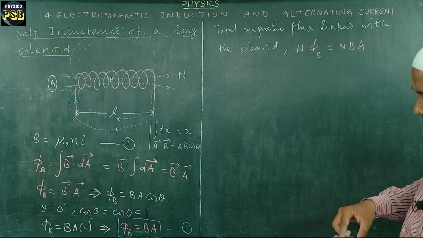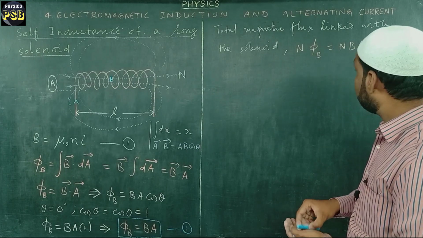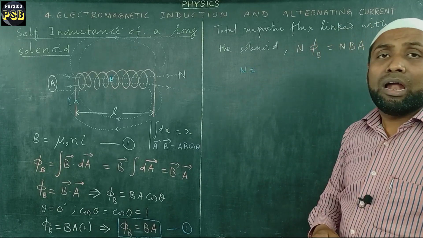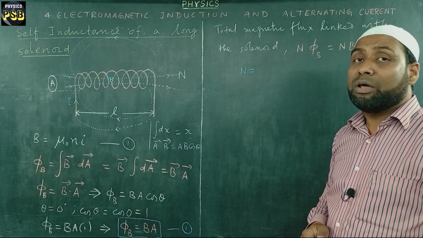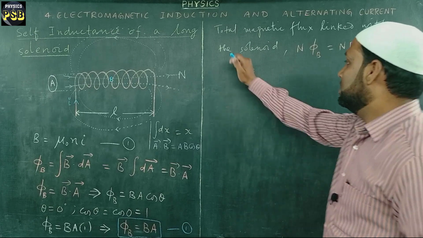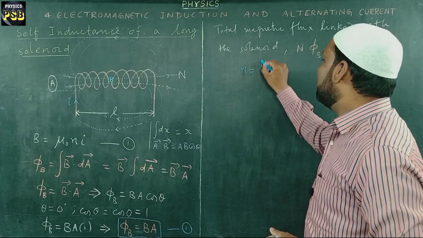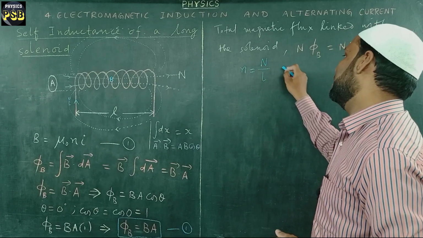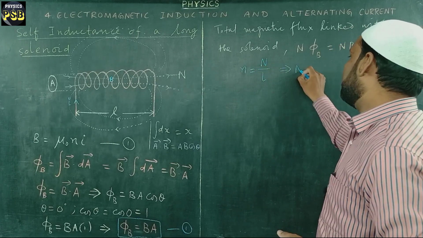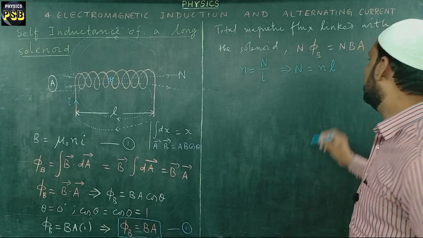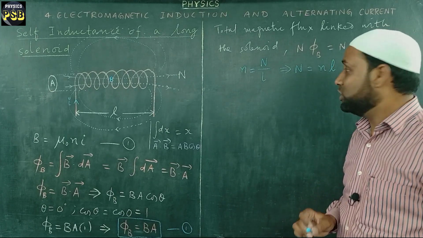Okay, and I had told you earlier here, capital N is nothing but the number of turns per unit length. Here, not capital N, here small n. Small n is nothing but the number of turns per unit length. So from this, capital N is equal to n L. This I am going to substitute in the above equation.